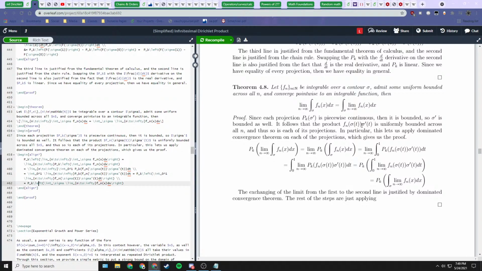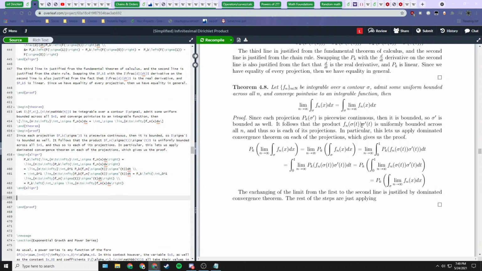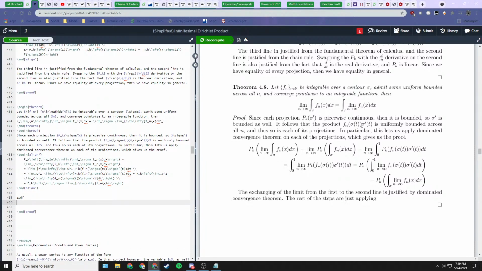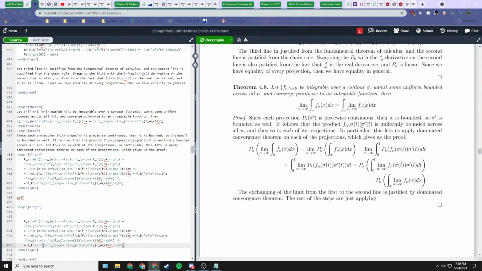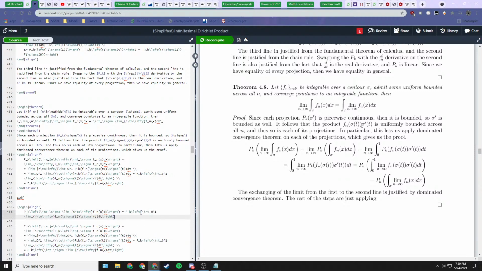I should do this in reverse order, like I usually do, because then it's more clear why this is valid. So I'll start with this. We'll go next to this. Then we will have this.